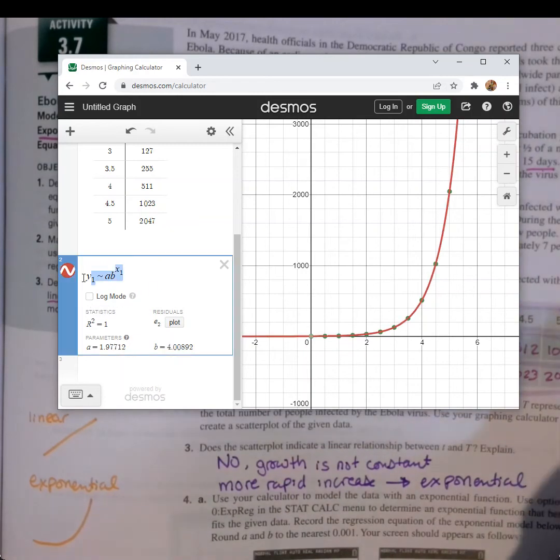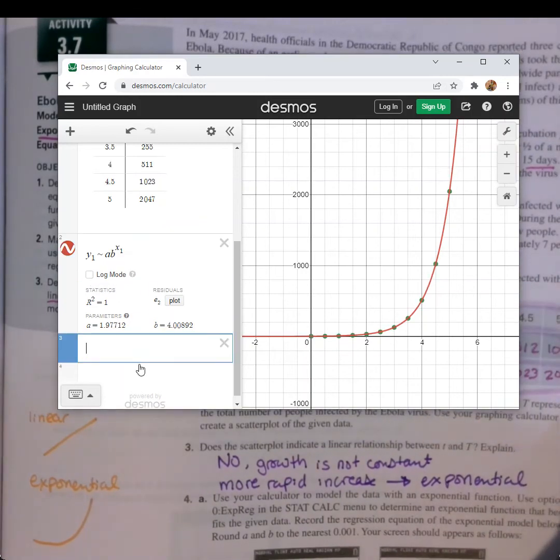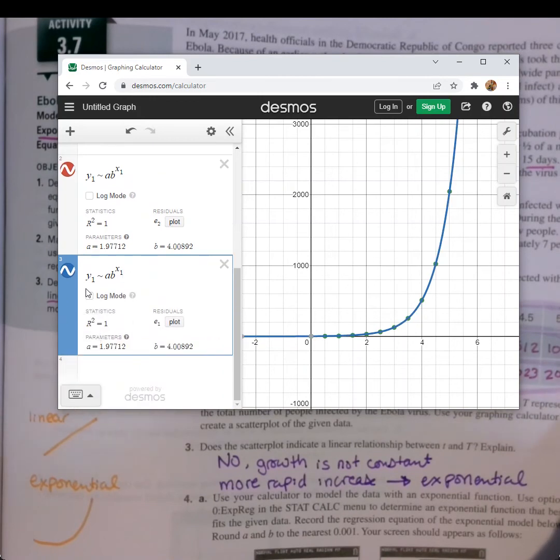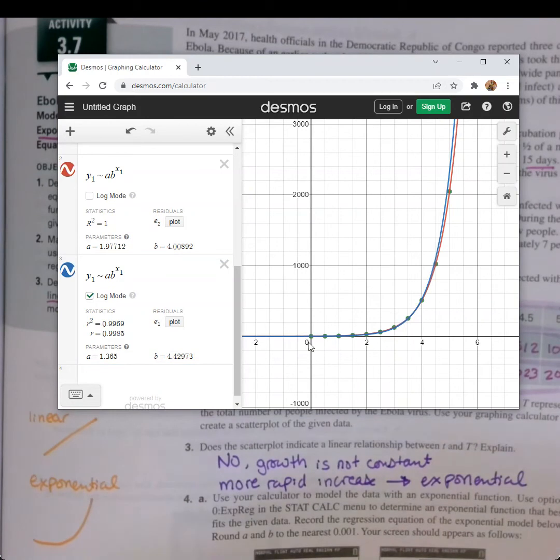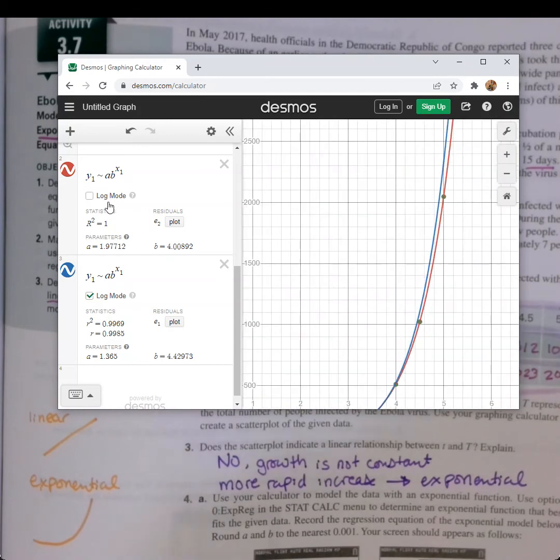So I'm actually going to copy and paste this so we can compare them. And so I can see the model with log mode on and without log mode on. So they look very close during the model, but there is a little bit of difference I can see over here on the side. And in this particular situation, it looks like I'm probably a little closer to the data if I do not use the log mode box than I am if I do use the log mode box.